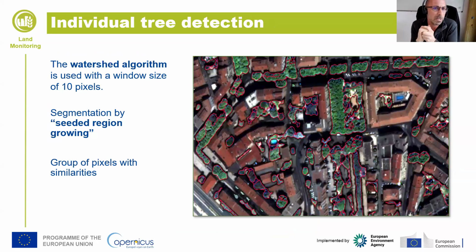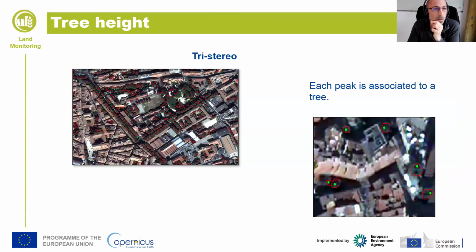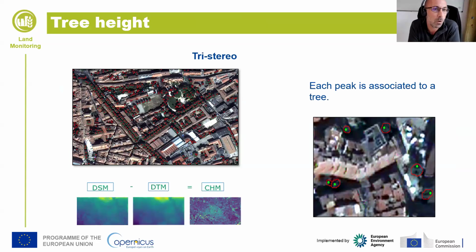The watershed algorithm can be used for the segmentation of the tree canopy. For the tree height, we can use tree stereo imagery. In order to define and estimate the tree height, we use the difference between the digital terrain model and the digital surface model in order to estimate the canopy height model.